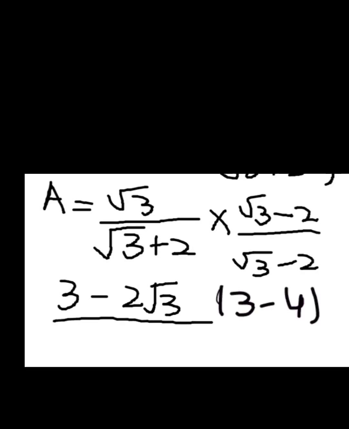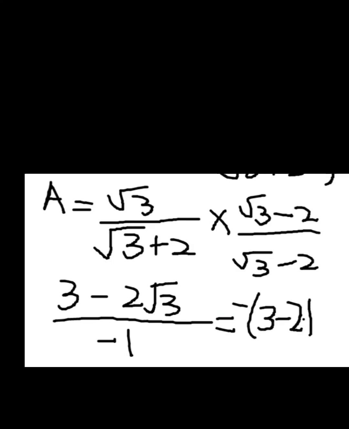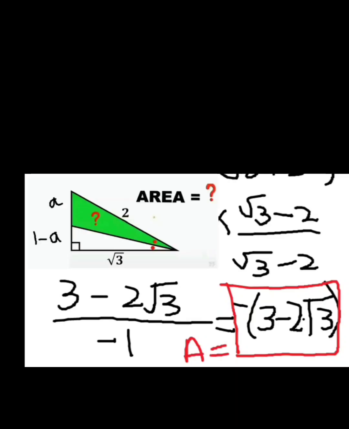And in the denominator, it will be a squared minus b squared, which means 3 minus 4. So it will be minus 1. Or we can write it as minus (3 minus 2 times square root 3). So the area of the green region or green triangle is 2 square root 3 minus 3.